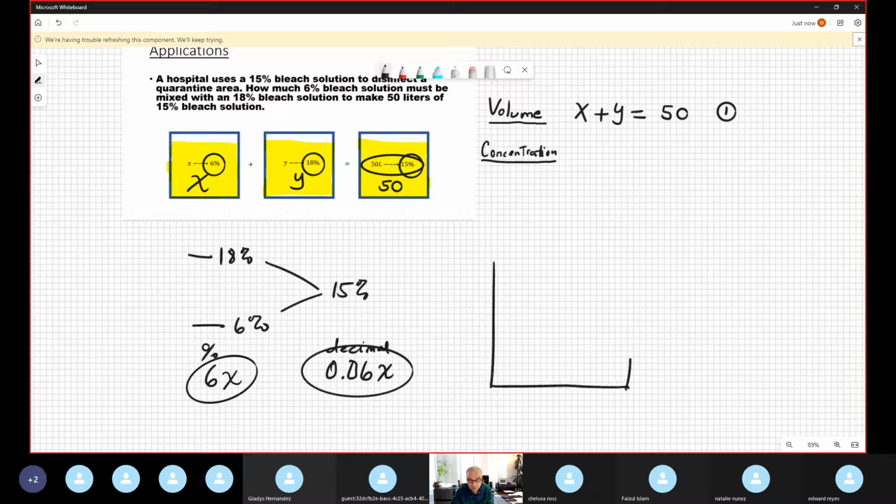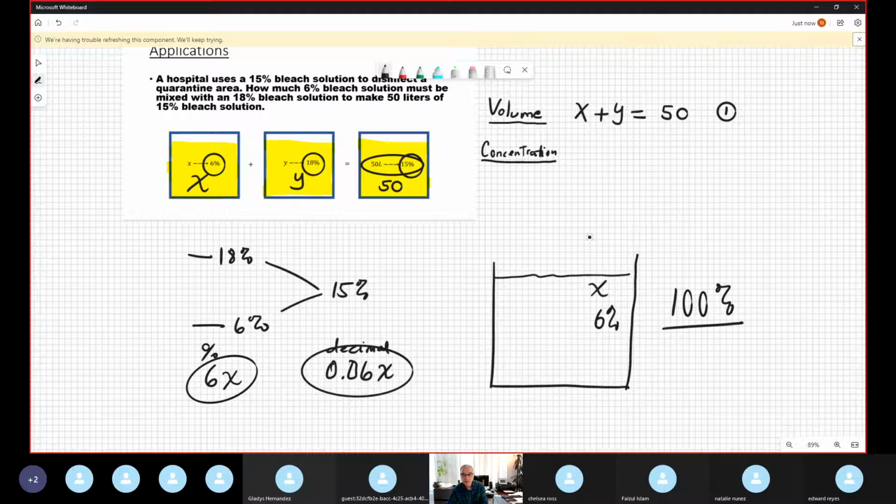Suppose the container. In this container we have X liters at 6%. That means that 100% is the total volume of this liquid. However, only 6% is pure bleach.